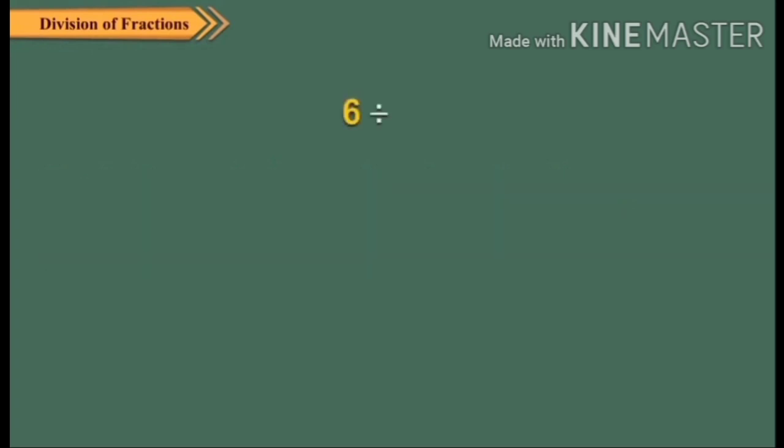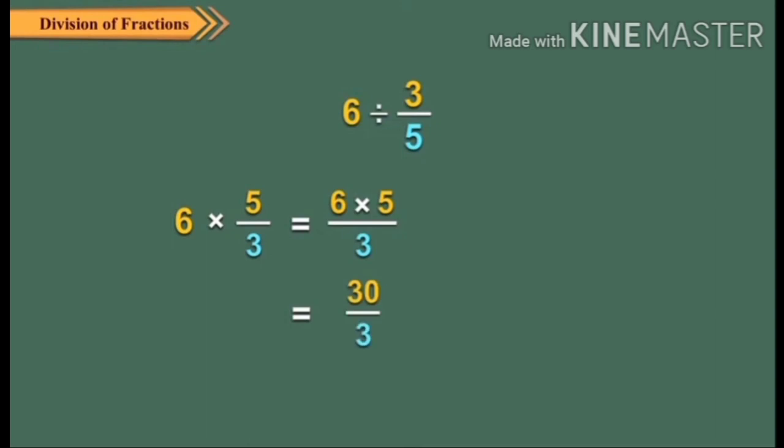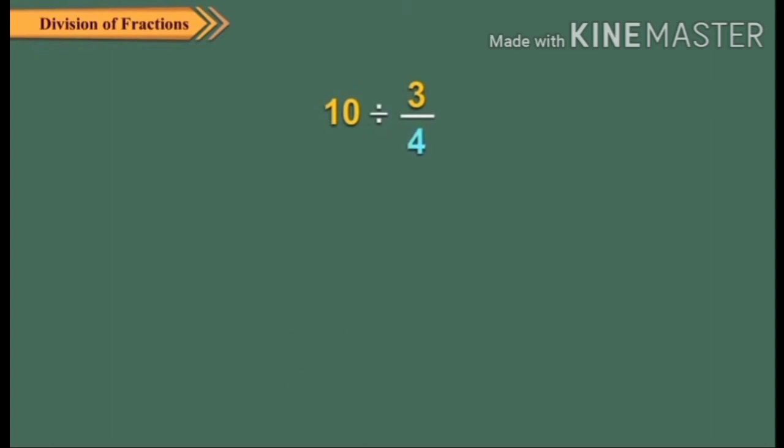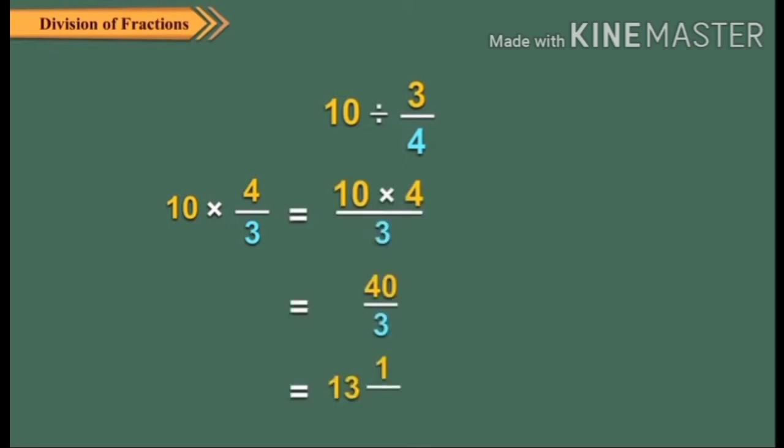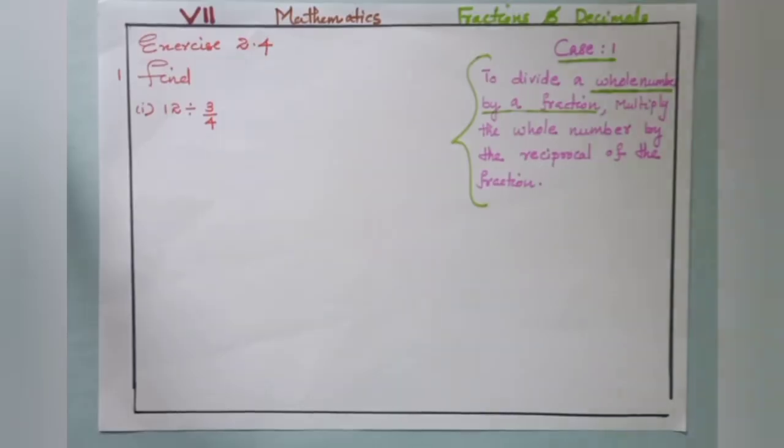Let us divide 6 by 3 by 5. 6 into the reciprocal of 3 by 5, 5 by 3, equals 6 into 5 by 3 equals 30 by 3 equals 10. Then 10 divided by 3 by 4. 10 into the reciprocal of 3 by 4, which is 4 by 3, equals 40 by 3 equals 13 and 1 by 3.